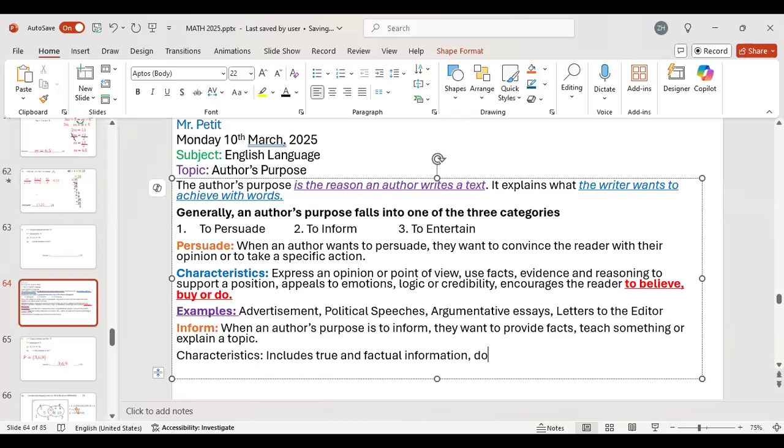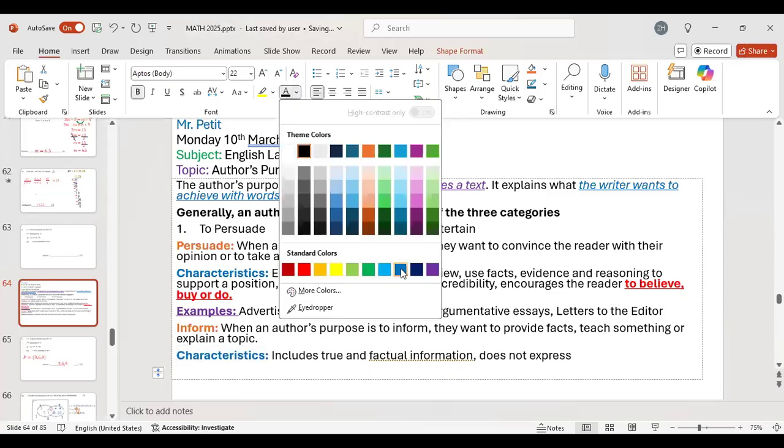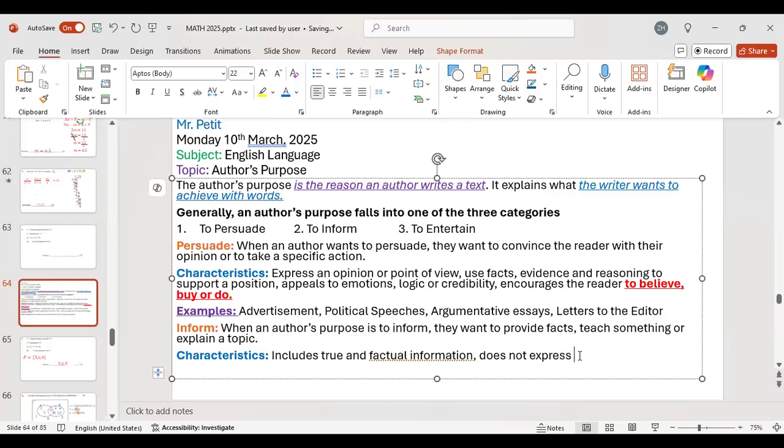It does not express what? If you're trying just to inform someone, would you give them your opinion? Oh no, sir. It does not express opinion. No opinion, right?